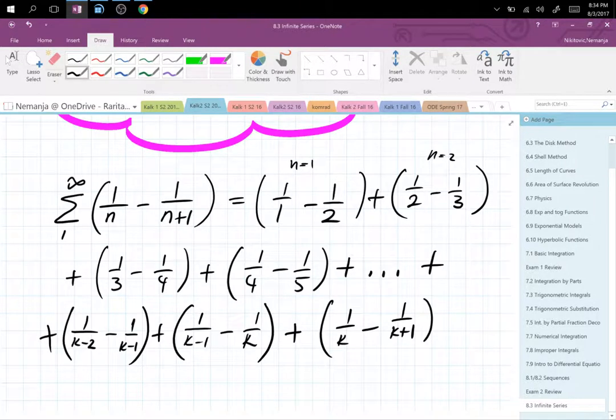So let's see what I did. I did n equals 1, n equals 2, n equals 3, n equals 4, and then I said I got tired. Then for the tail end, the one at infinity, I'm going to plug in a finite value k, and the last term has the same form. And then the term before that, each k minus 1, before that, each k minus 1, and so on.